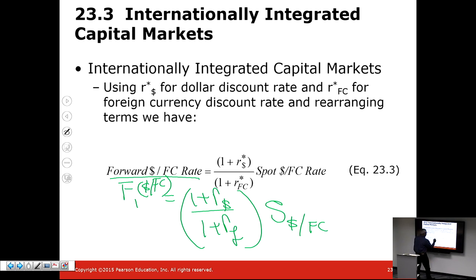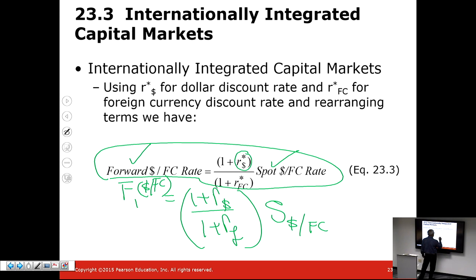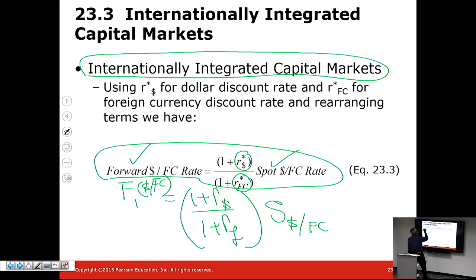This is the integrated equation that tells us the linkage between the forward market, the spot market, and the respective interest rate markets. If that relationship holds, then we say international capital markets are fully integrated.